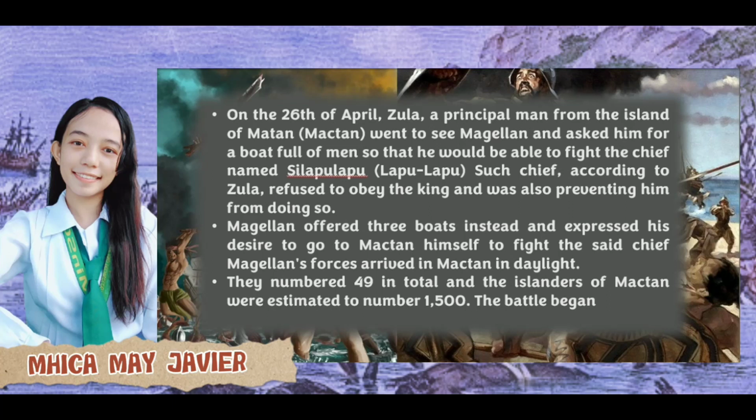Magellan offered three boats instead and expressed his desire to go to Mactan himself to fight the said chief. Magellan's forces arrived in Mactan in daylight. They numbered 49 in total, and the islanders of Mactan were estimated to number 1,500, and the battle began.